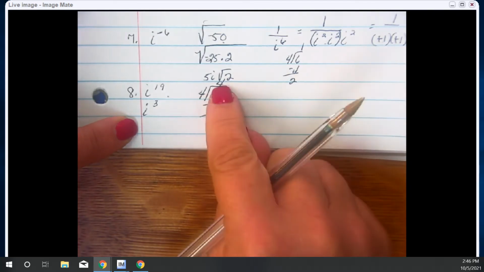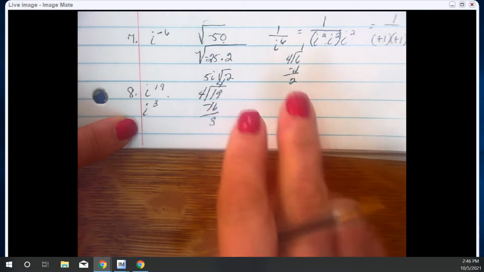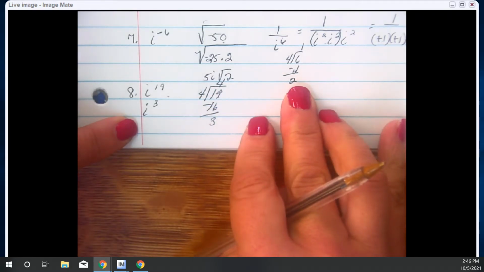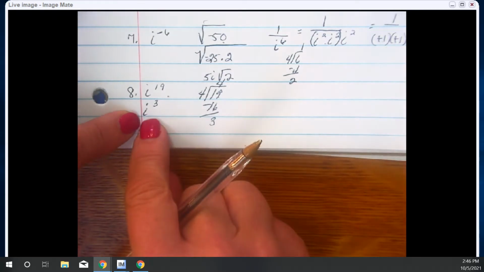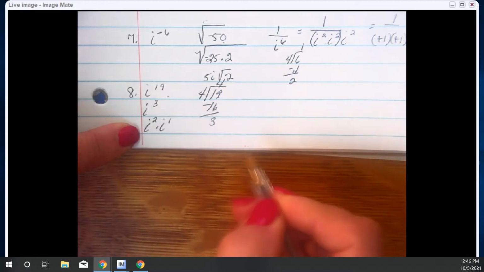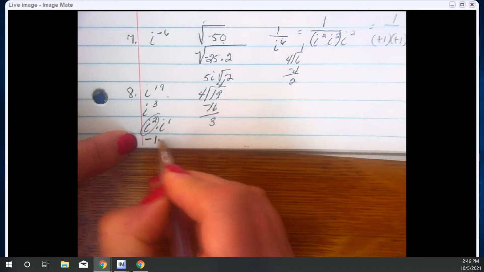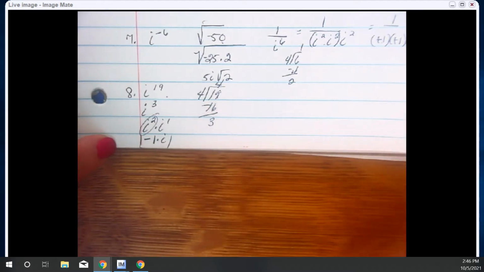Remember, if I have 4 i to the 4th, I just have 4 ones. 1 times 1 times 1 times 1. Well, 1 times any number is itself, so 1, and that leaves i to the 3rd. i to the 3rd is i squared times i to the 1. i squared is a negative 1 times i, or negative i.